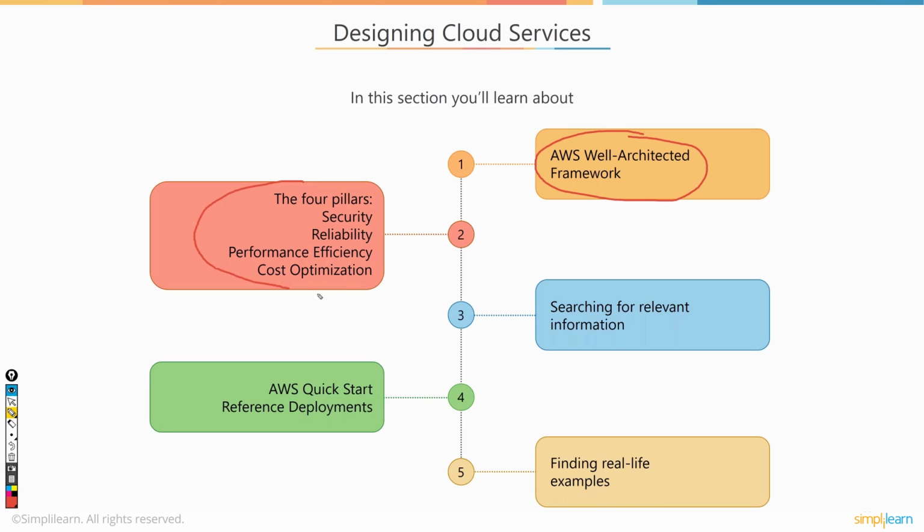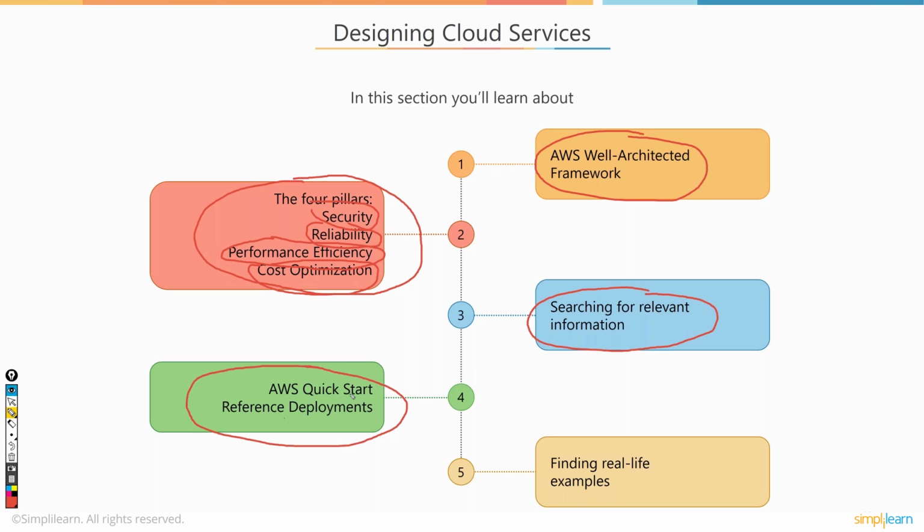We're going to be talking about 4 fundamental pillars of AWS, which are security, reliability, performance and efficiency, as well as cost optimization. We'll be digging a little bit more into searching for relevant information, where you can get it, how you can search for it, and pretty much the most up-to-date sources you can get it from. We will also have AWS Quick Start reference deployments, as well as final real-life examples.